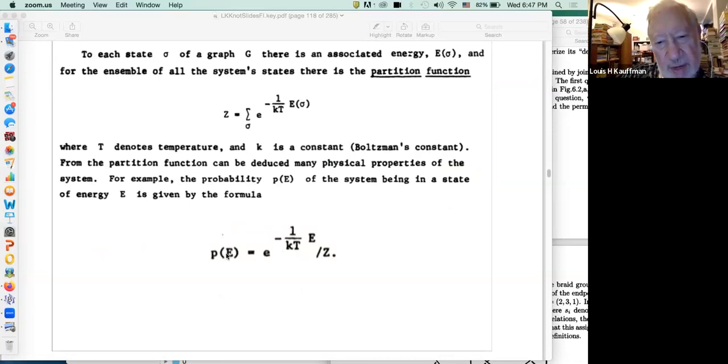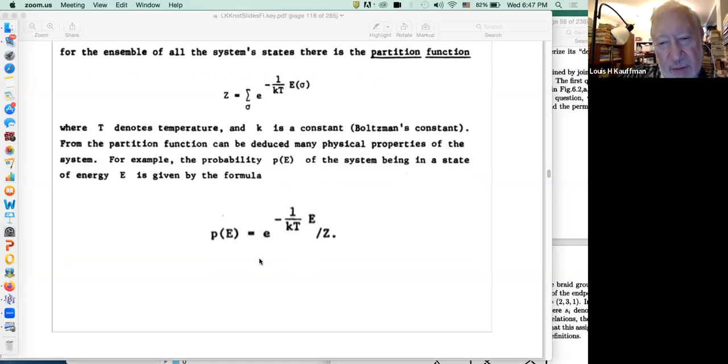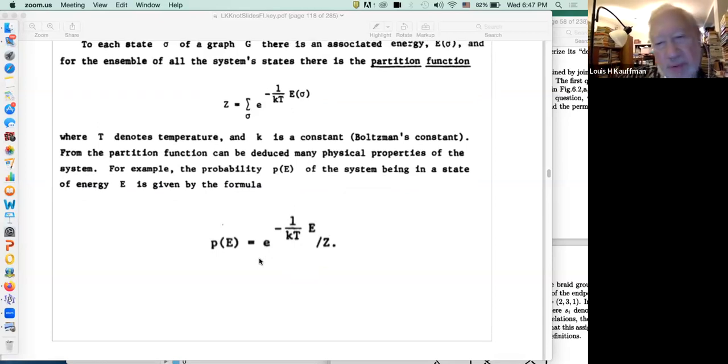And the probability of being in a given energy state is equal to the proportional probability of that energy divided by the total sum of these. So this gives you the statistics for the statistical mechanics model. And then what people are interested in are things like phase transition.